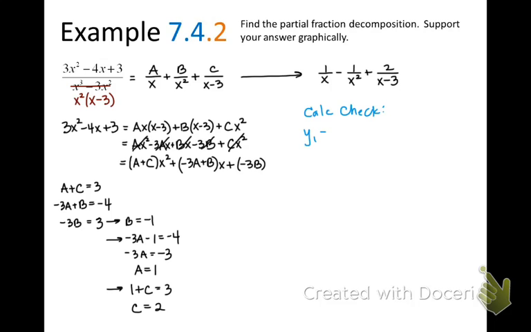And for y1, plug in your original equation. You should be putting parentheses around your top. So you should be putting parentheses 3x squared minus 4x plus 3, parenthesis, divided by, parenthesis again, your original denominator. So x cubed minus 3x squared, and then end your parenthesis again. Graph that, and then draw a quick sketch.